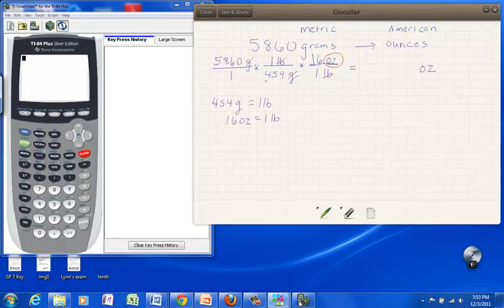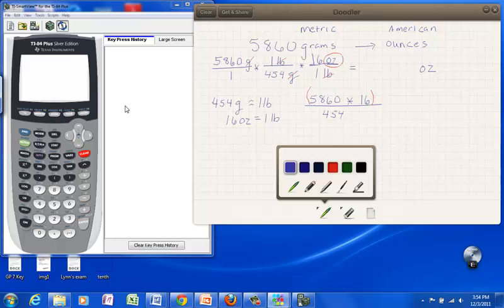So for numbers, I have a fraction with 5,860 times 1, which I usually leave off because multiplying by 1 doesn't change anything, times 16. In the denominator, I have 1 times 454 times 1. On the calculator, you want to remember to group anything that has more than one arithmetic step.